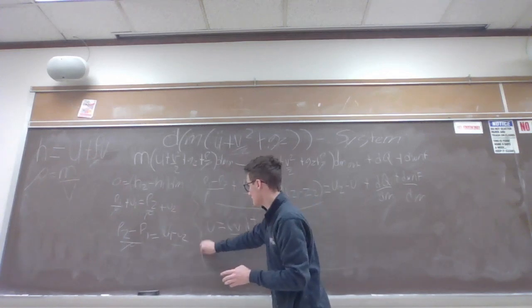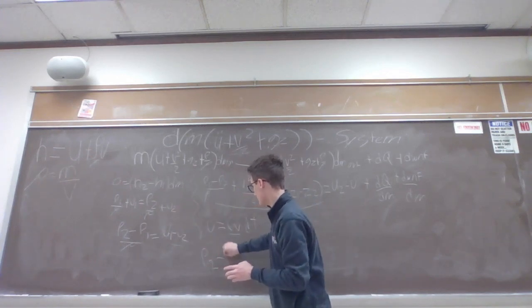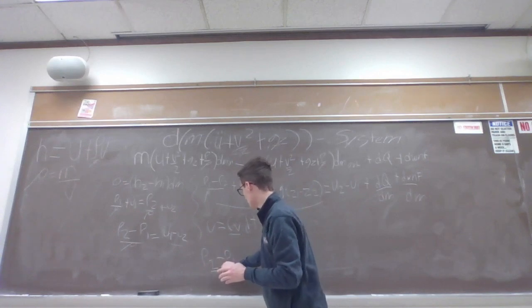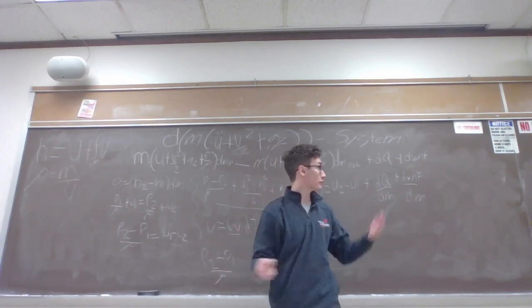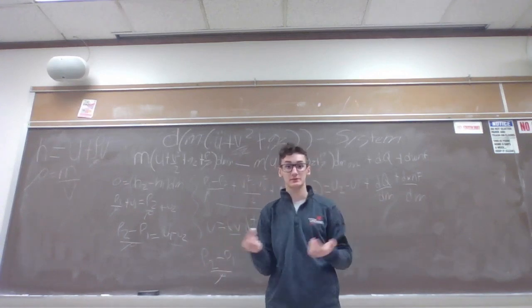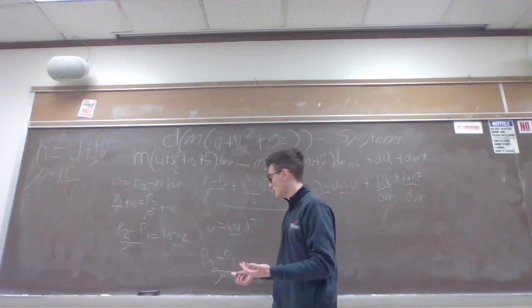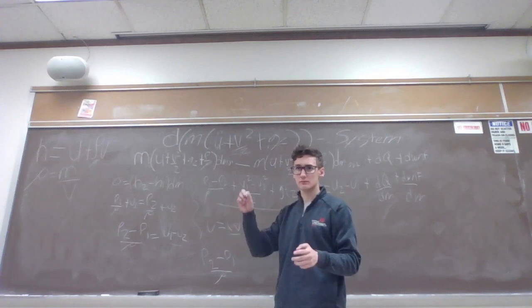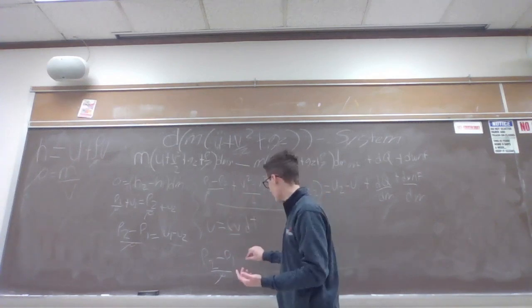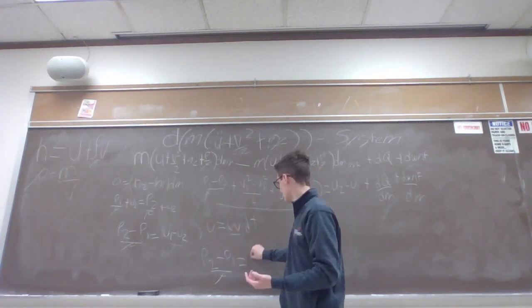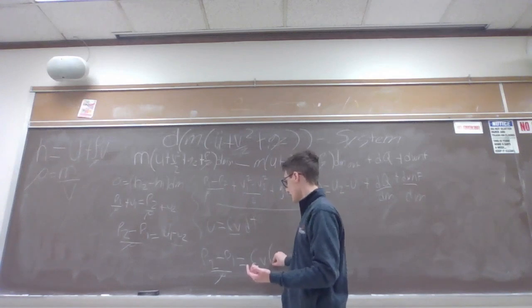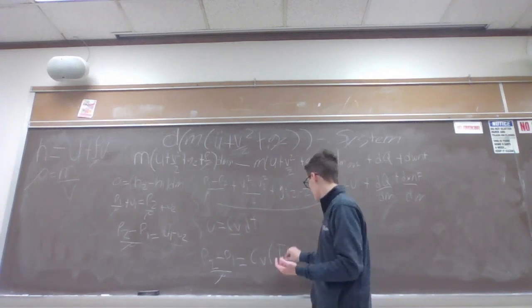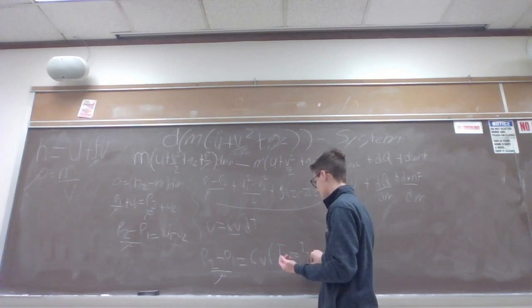So we would have P2 minus P1 all over rho, which, let's say we're using our water in our pipe-like system that I wrote down earlier. That would just be maybe, I believe it's 1,000 kilograms per meter cubed, if that sounds right. And it would then equal Cv times T1 minus T2.